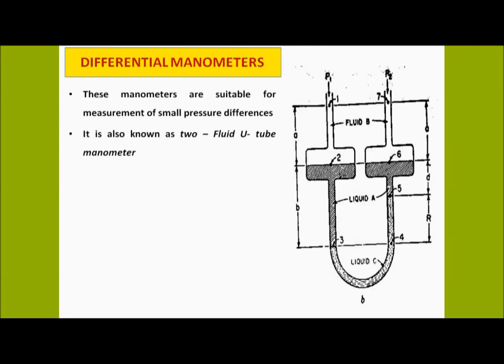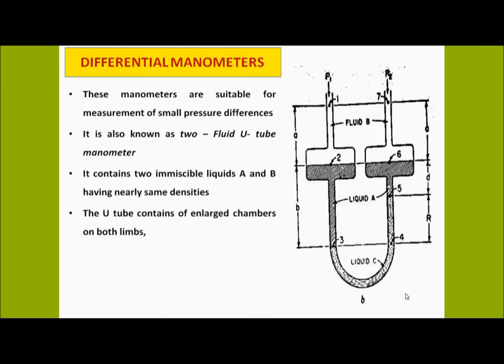Differential manometers are also known as two fluid U-tube manometers. They contain liquids A and B, having nearly the same density.